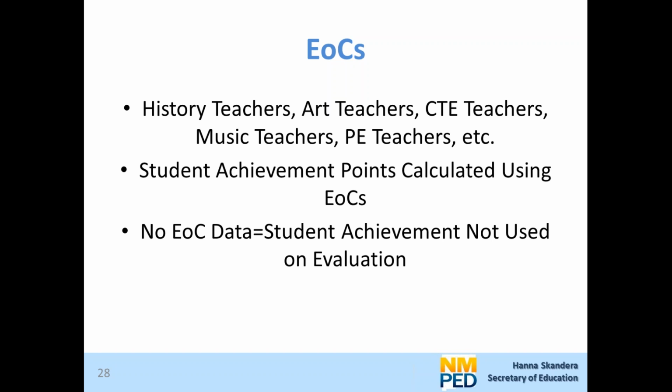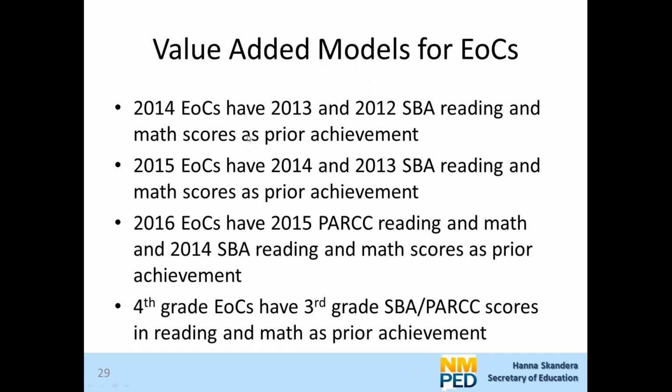Now, in order for the student achievement data from the end of course exams to factor into the evaluation, there has to be 10 students or more. In the value-added model for the end of course exams, the end of course score is the outcome score, and that's on your y-axis.